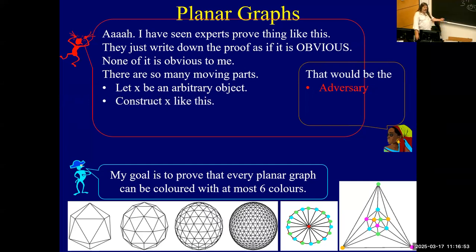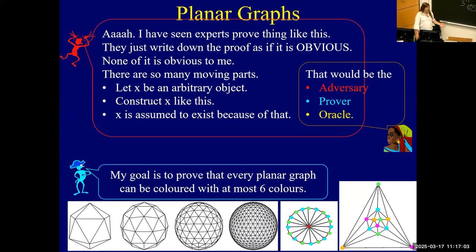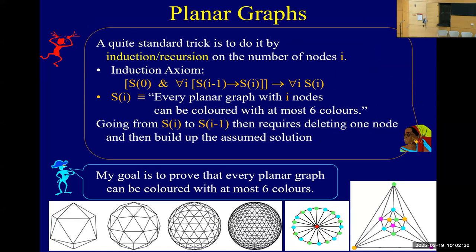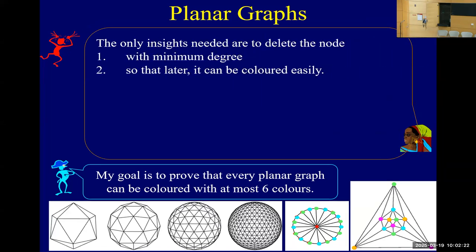Right? I think if you went back and looked at their proof, there would have been adversaries and provers and oracles. They just didn't use those words, right? So, we're doing induction.